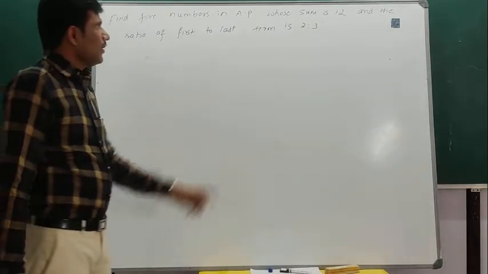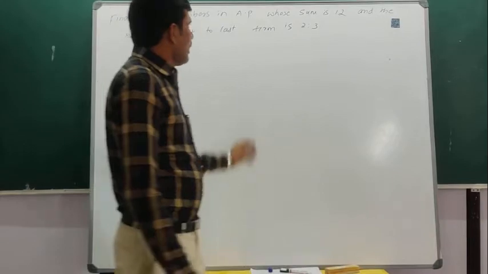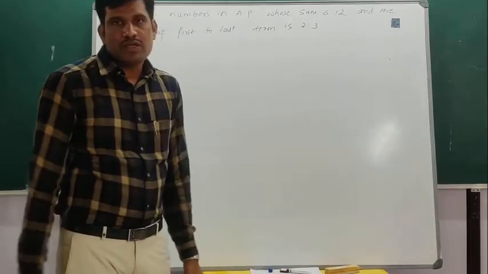Find the 5 numbers in AP whose sum is 12 and the ratio of first to last term is 2:3.